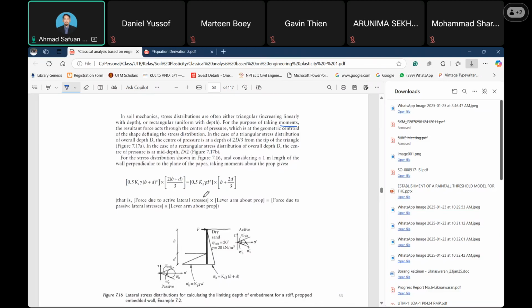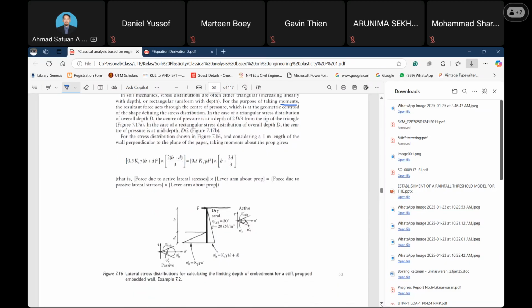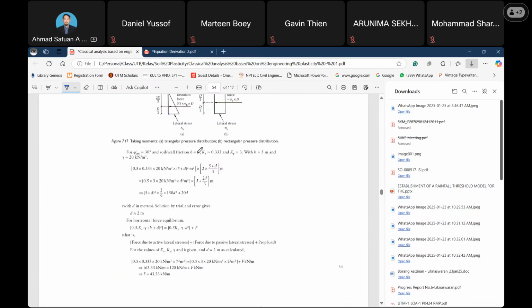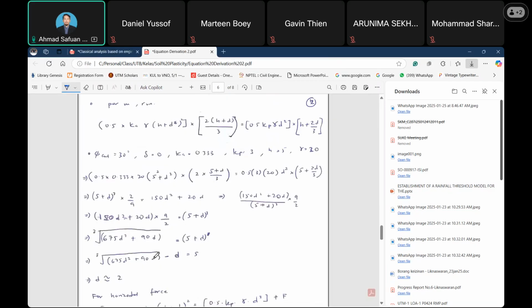So to get the D, solve this equation. We obtain this equation, then we need to do trial and error to get the value of D. You can use your calculator and play around with the D value.